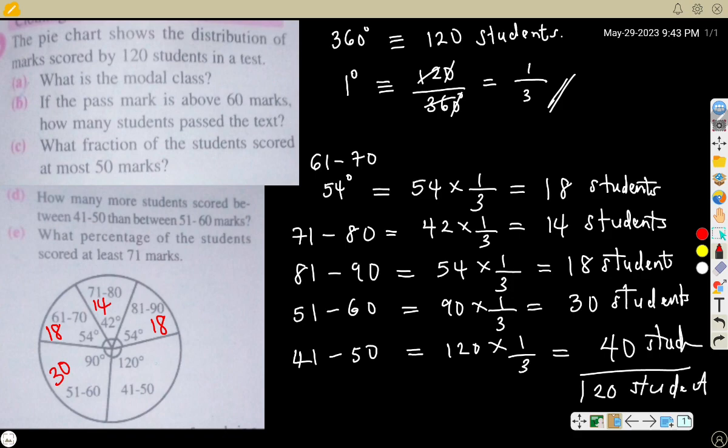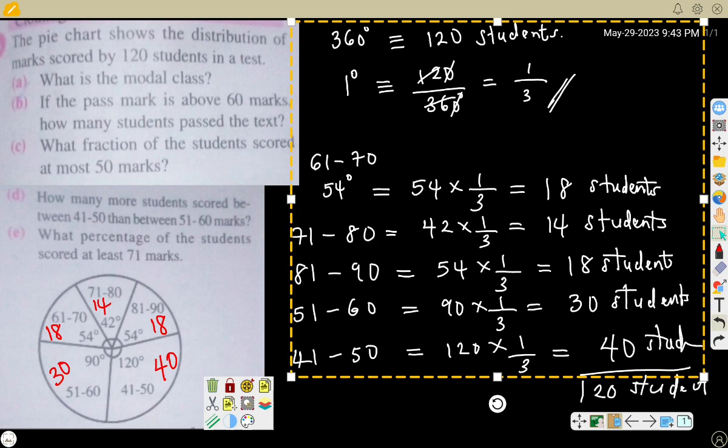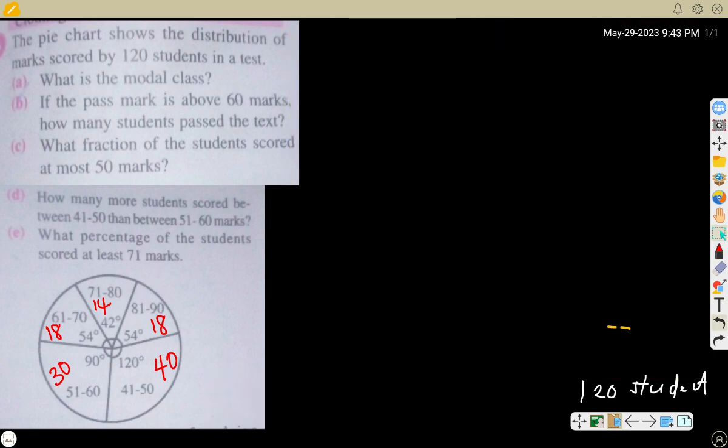And 120 degrees, we have 40 students. So now this will make you understand the question very well. So now let's solve the question. Converting the degrees to number of students, you can actually grab it.